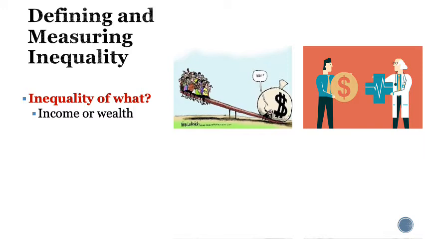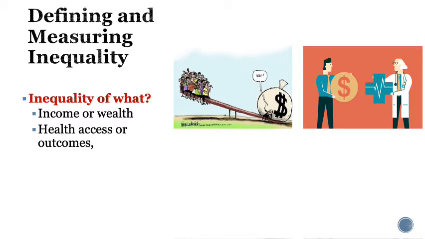Vast inequality exists in the quality of both healthcare access as well as outcomes across the world. A 2017 analysis shows that average life expectancy in the United States is 10 to 15 years longer for the wealthiest Americans than for the poorest Americans. So, health inequality also intertwines with income and wealth inequality.